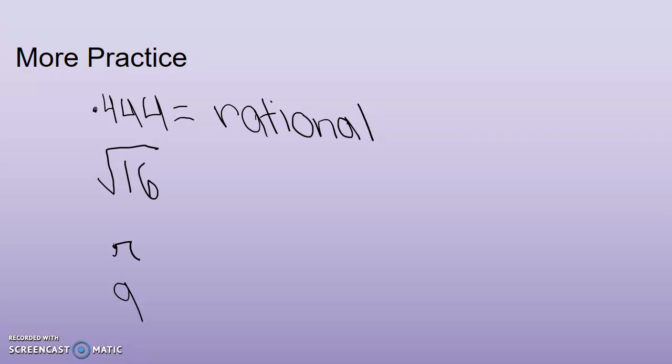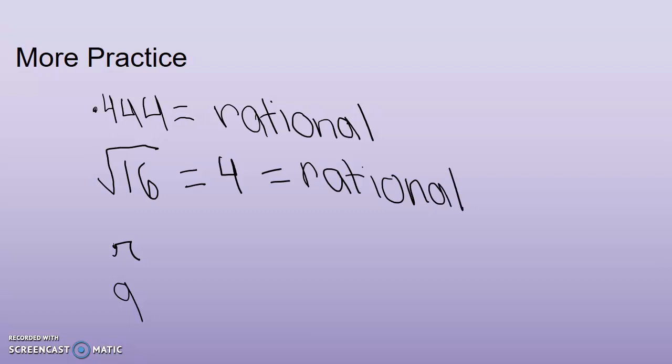And then the square root of 16. Well, we can simplify the square root of 16 to 4. So 4 is a whole number, so that is rational. And then pi.